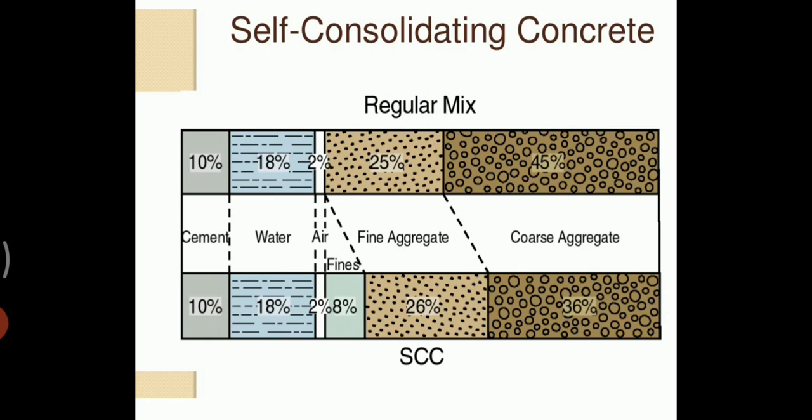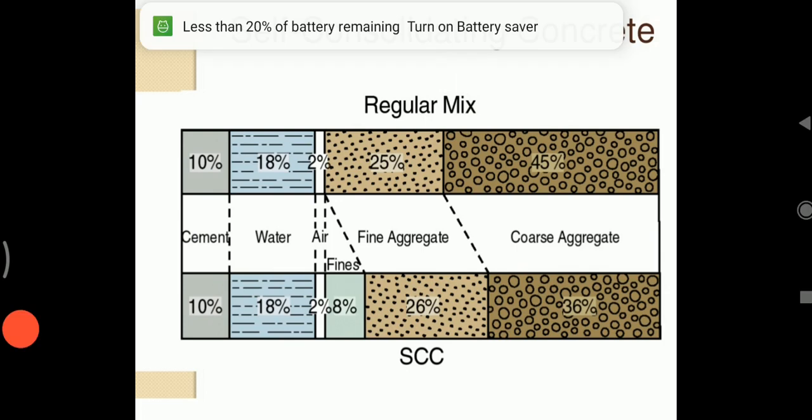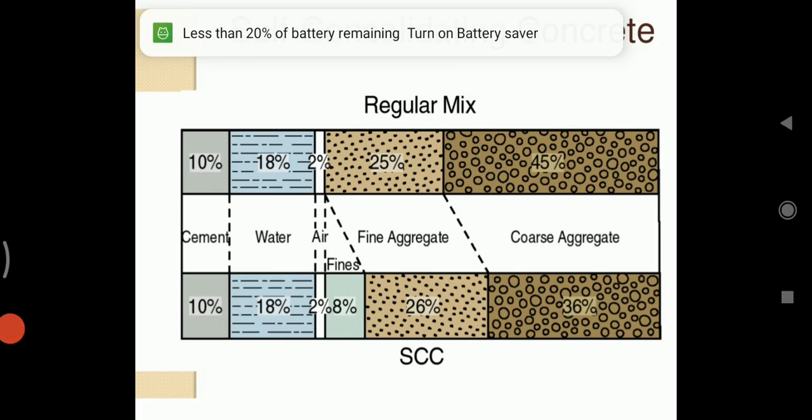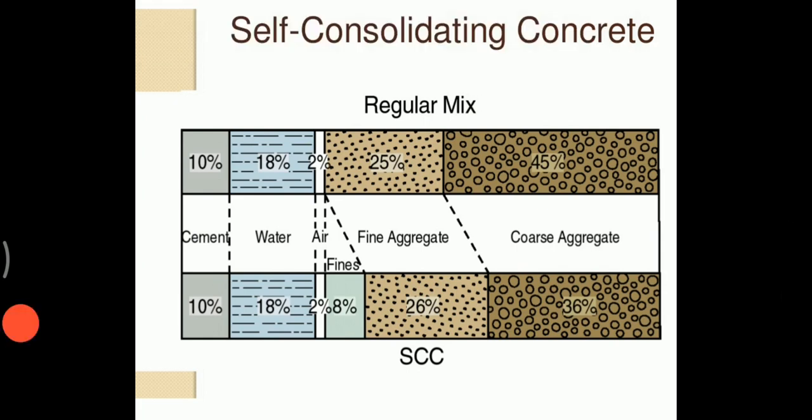When it converts from regular to self-compacting concrete, what is the modification? The major modification is that the usage of fine aggregate increases, that is, fines added into the concrete increase, and the volume of coarser particles such as coarse aggregate is reduced.